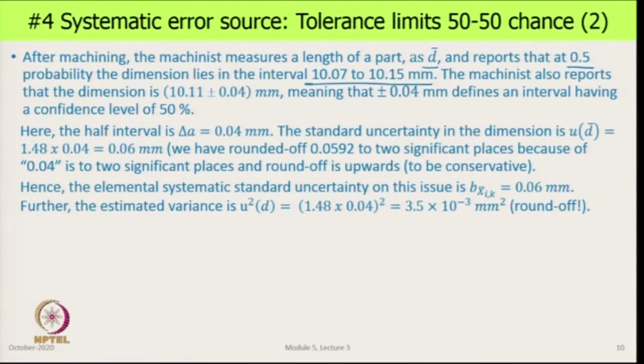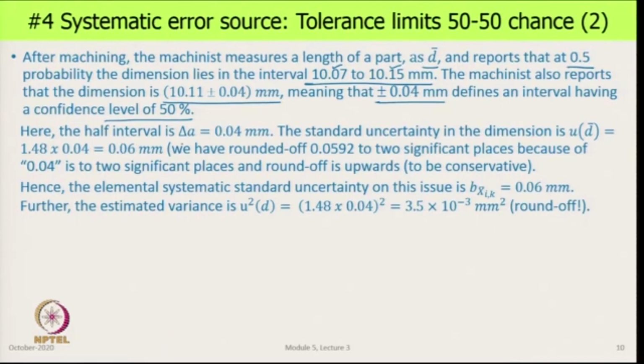The machinist also reports that the dimension is 10.11 plus minus 0.04 millimeters, meaning that plus minus 0.04 millimeter defines an interval having a confidence level of 50%. So, you can see that from here we are getting the same one there. This is 10.11 minus 0.04 is this value, plus 0.04 is this value.